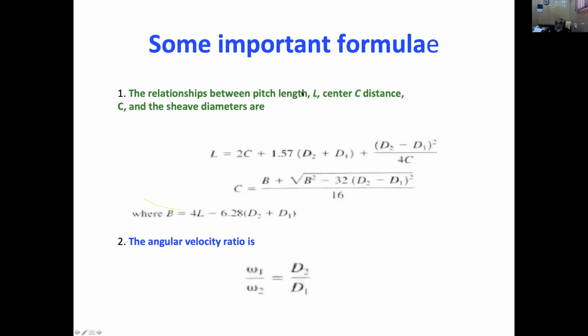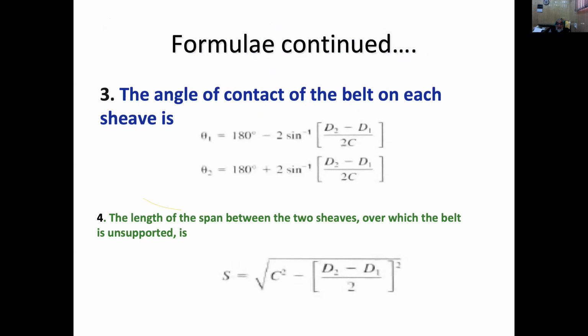Now after this, I am giving you the brief of the equations which are used for belt design. First is the length of the belt, which is given in terms of the central distance C and the parameters D2, D1. The angular velocity ratio is also given in this case. These are equations which you can derive, or remember, or which will be given in the design sheets. Now this is the angle of contact of the belt.